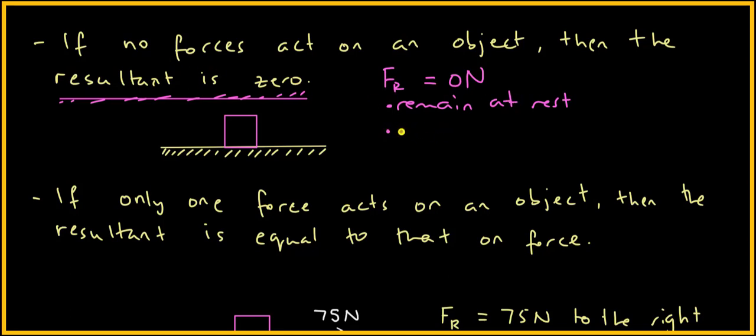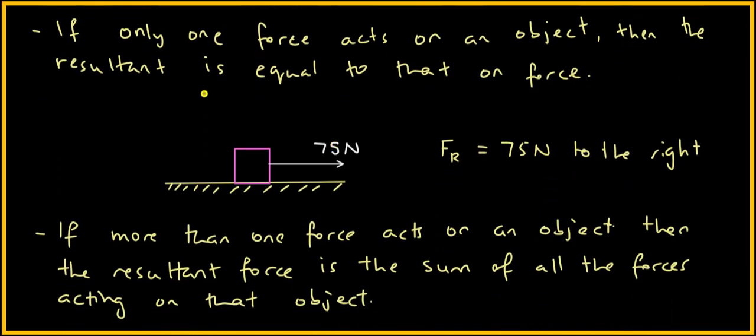Or if the object is moving, it will keep moving at a constant velocity. This holds true for as long as there is no resultant force acting on your object.